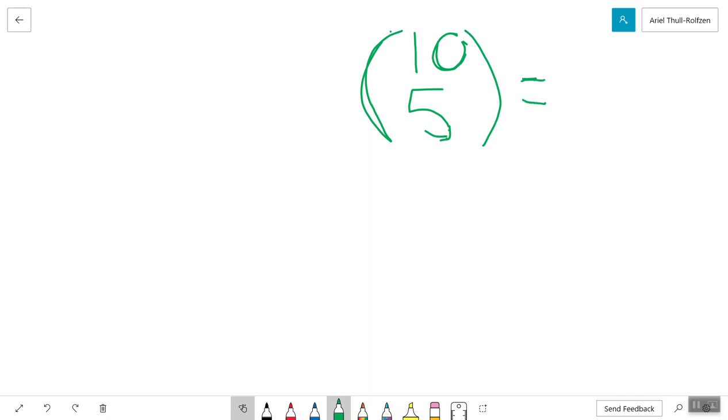So we still have the 5 in the committee, and we still have a total of 10 people to choose from. So our denominator is going to be the same. Our denominator is going to be that 252.